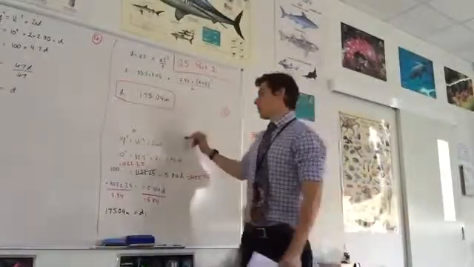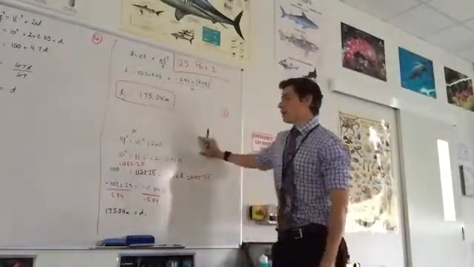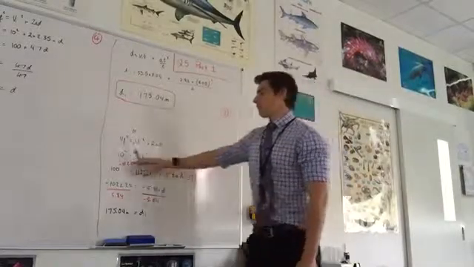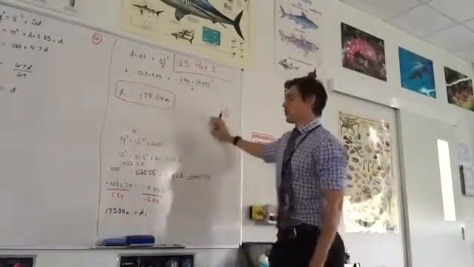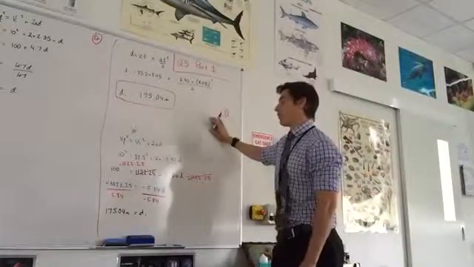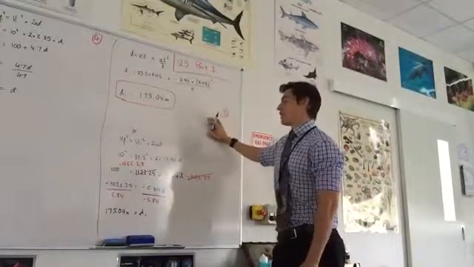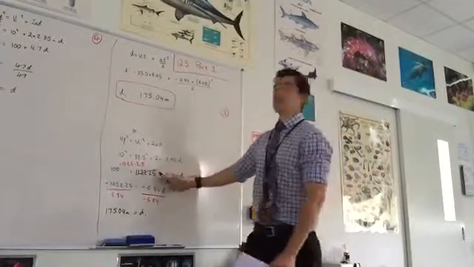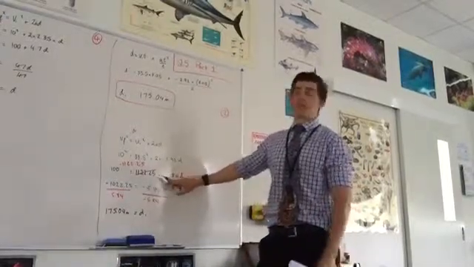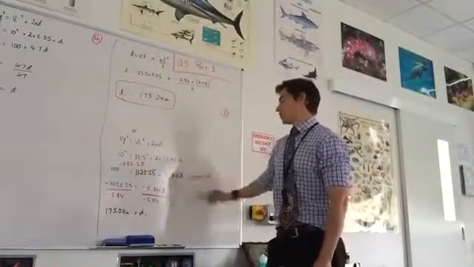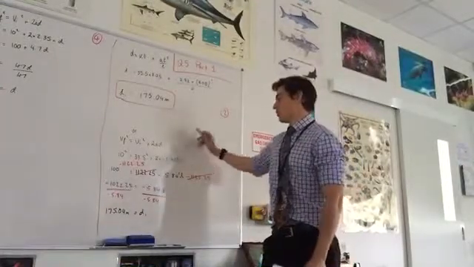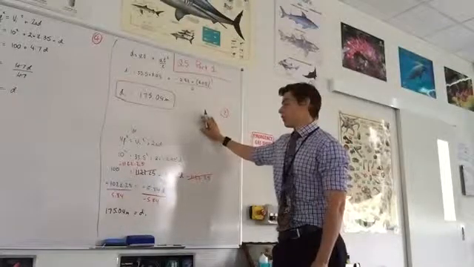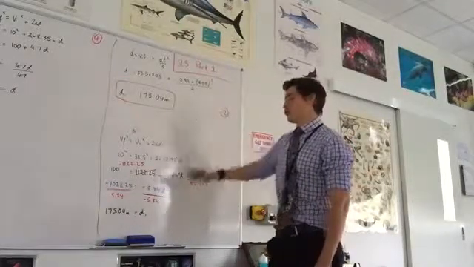Alternatively, you could have used VF squared equals VI squared plus 2AD. So 10 squared equals 33.5 squared plus 2 times negative 2.92D. Just be very aware that that negative sign is being multiplied through. There is a multiplication present between the 2.92 and the D, so you need to ensure that when you're rearranging, you're careful.